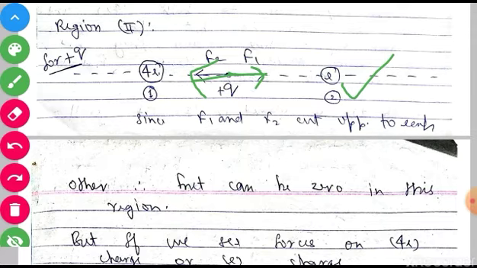Here we can clearly see that F1 and F2 are anti-parallel to each other. They are acting against each other. So there is a possibility that they can cancel each other and the net force can be 0 at this location. This is great. So now we got our point where the F net can be 0, and this was also the last point. Obviously it was going to be our required point, but we should know why it is our point.